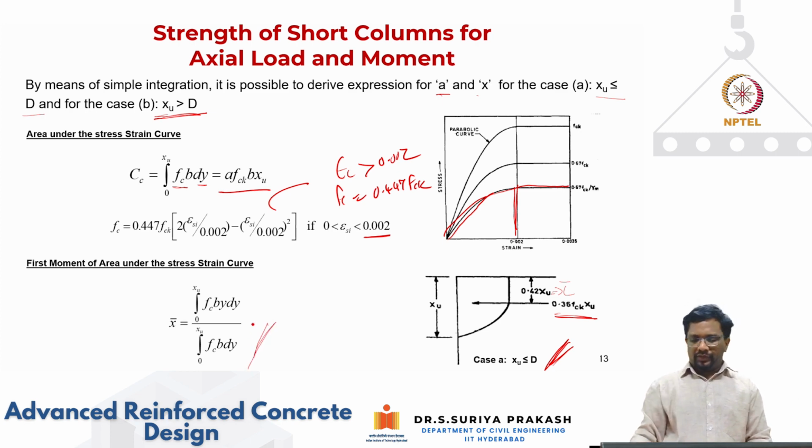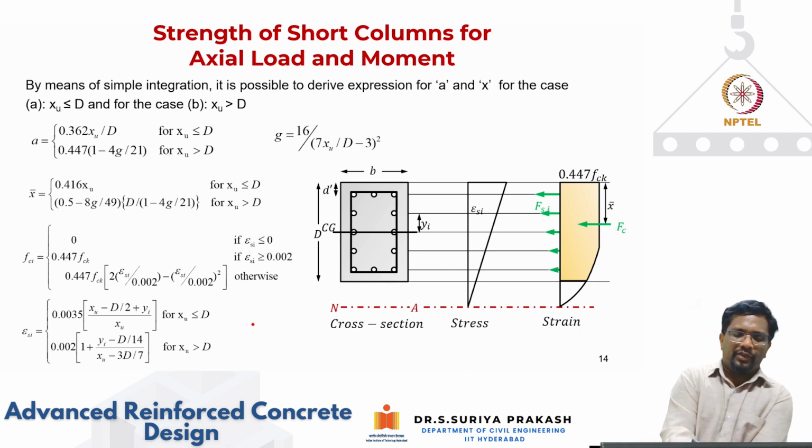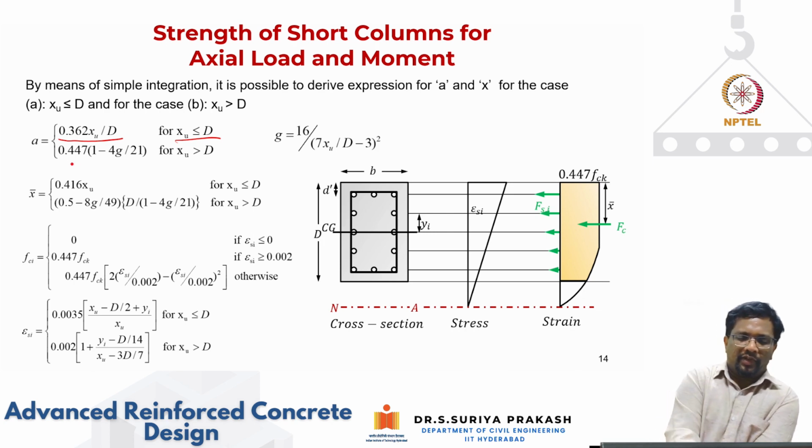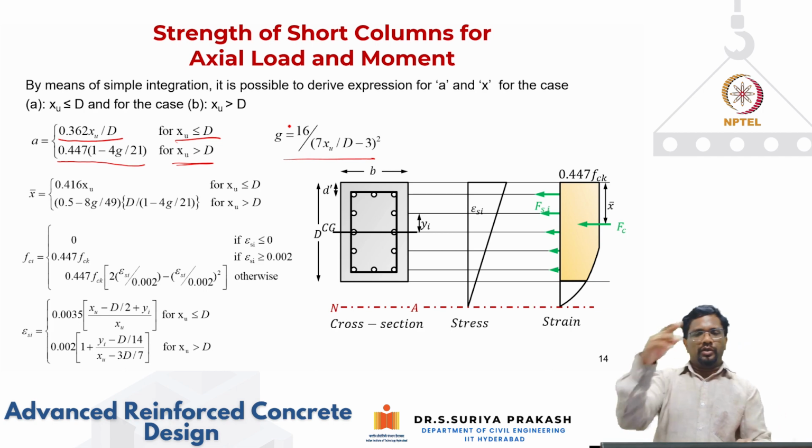So using this, if you do the integration, you get the A value as 0.36 XU by D when XU is less than the depth of the section, and the A value is given as 0.447 times 1 minus 4G by 21 when XU is more than D. When I do all the integration and simplify that, I get the value for A as this.